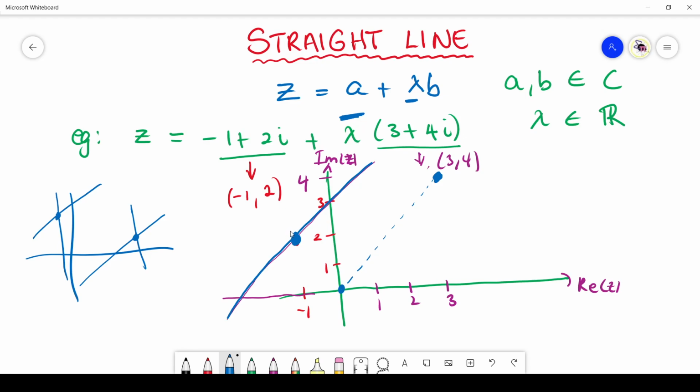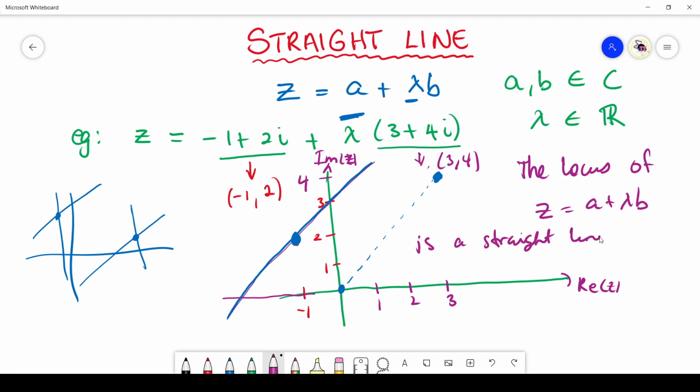Now, you're probably wondering, we have 2 parallel lines, one being dotted, and we have a straight solid line. Which one is the answer? Your answer, or rather, if I were to write it on screen as a description, is that the locus of z being equal to a plus lambda b is a straight line.